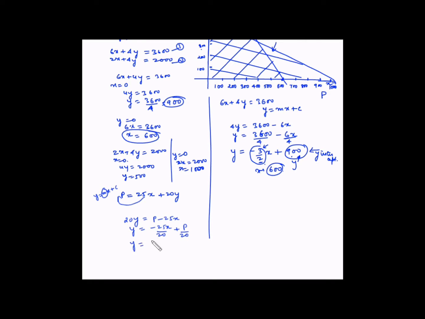Again, if you divide both these numbers by 5, you get 5 and 4, so minus 5 by 4 x plus p by 20. Now here, sorry, this is x here. Now here the slope is minus 5 by 4. So we know the slope.